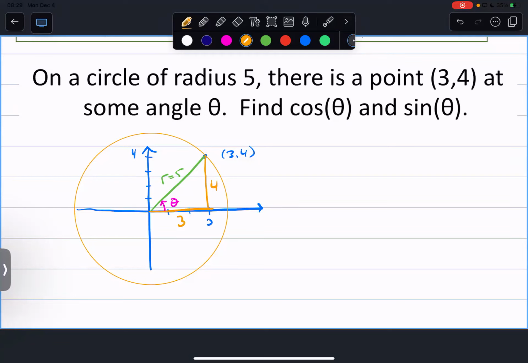So now, from here, if I want the sine of theta, the sine of theta is going to be the opposite, which is 4, over the hypotenuse, which is 5.